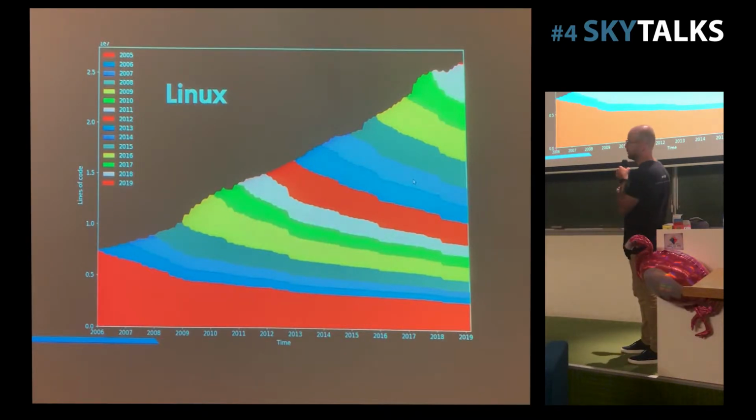You'll see that initially in 2006, when the Linux kernel was placed under Git, you had roughly 750,000 lines of code. And then this number gradually decreases because new code is written and also the old code is being changed.